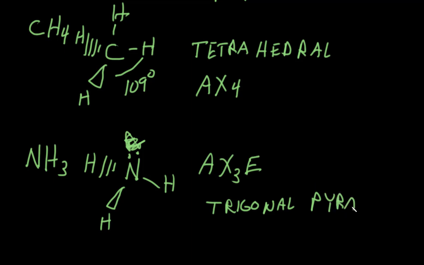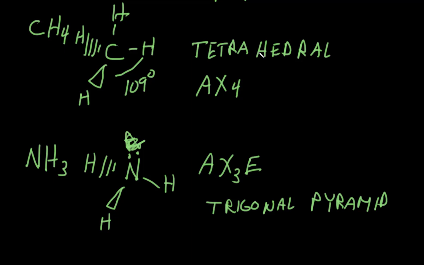We have three bonding pairs of electrons, and then one unshared pair, so there's our AX3E.